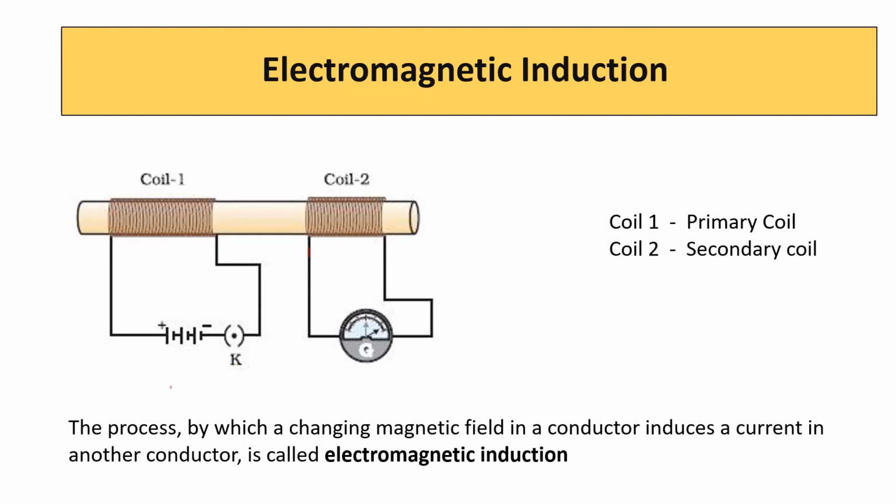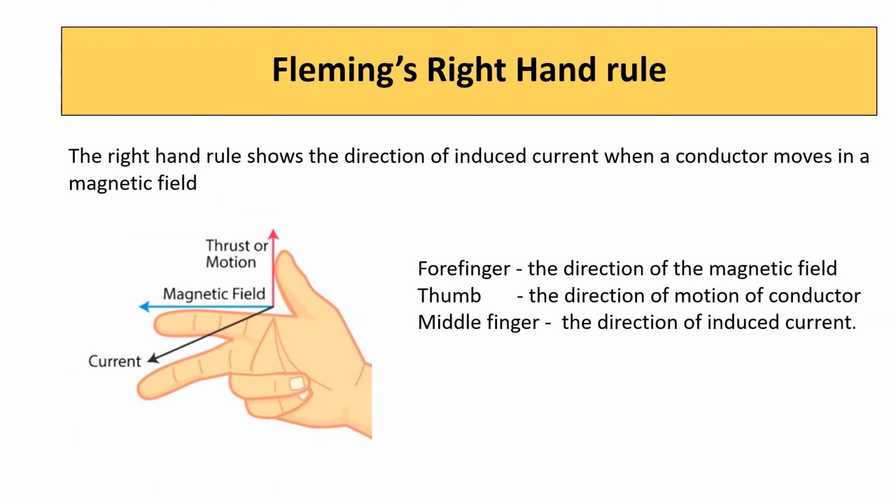The process by which a changing magnetic field in a conductor induces a current in another conductor is called electromagnetic induction, EMI. The direction of the induced current can be found using Fleming's right hand rule. What is Fleming's right hand rule? Stretch your right hand such that your thumb, the forefinger and the middle finger are mutually perpendicular to each other.